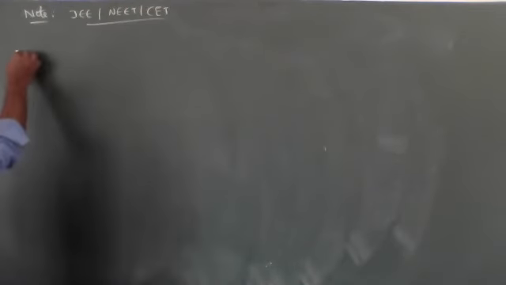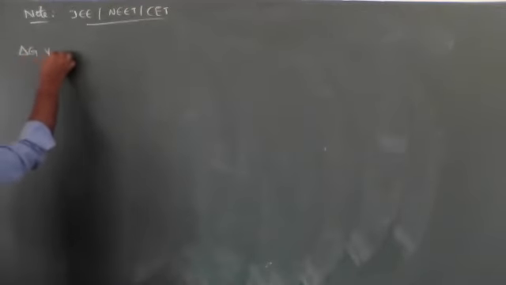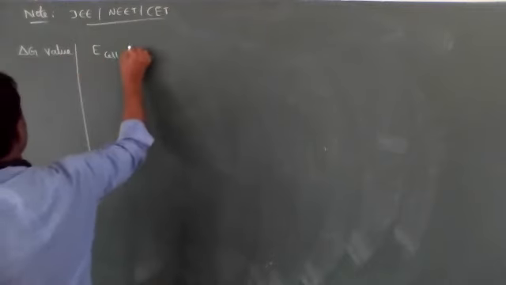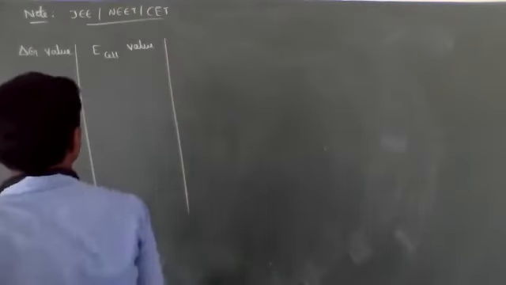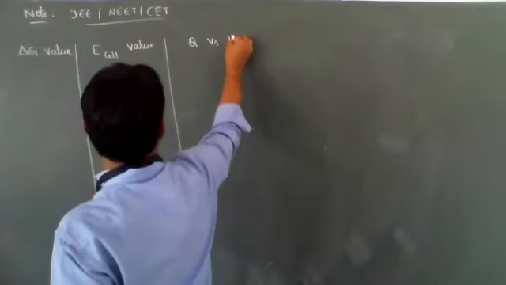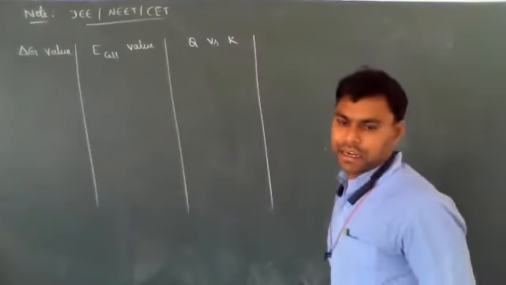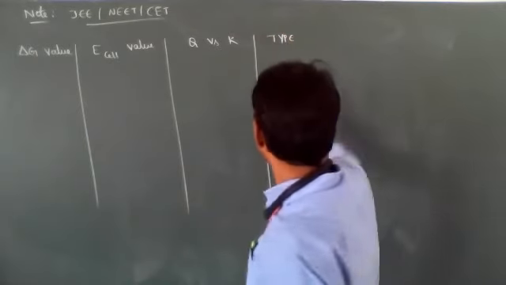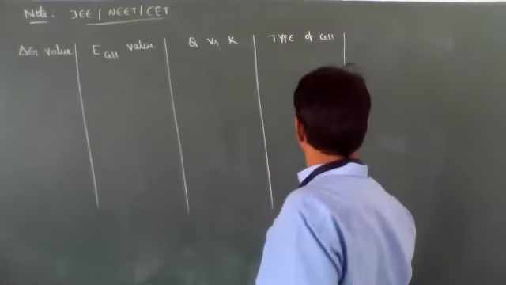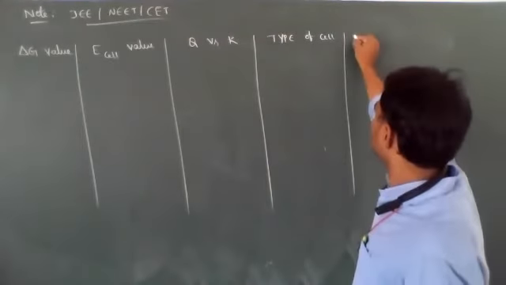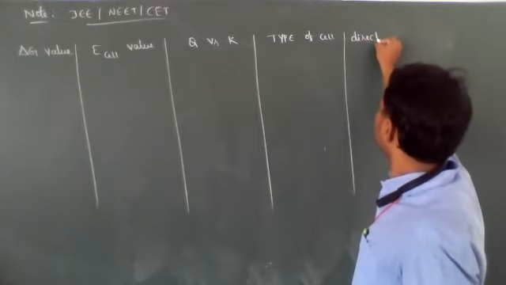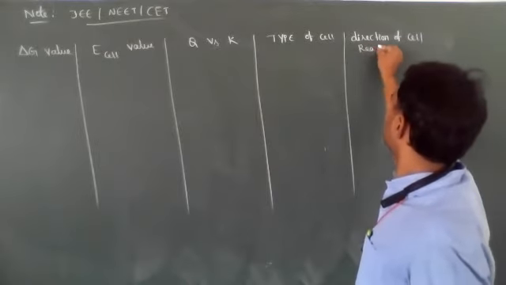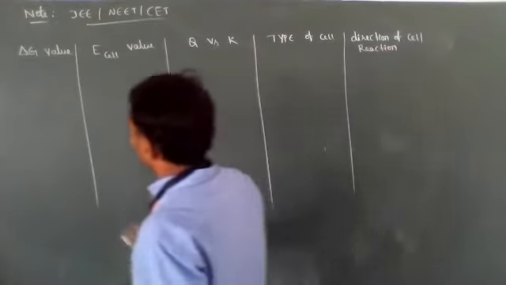Let's see delta G and E cell, Q versus K, the reaction quotient with respect to K, the type of cell, and the direction of the cell reaction.